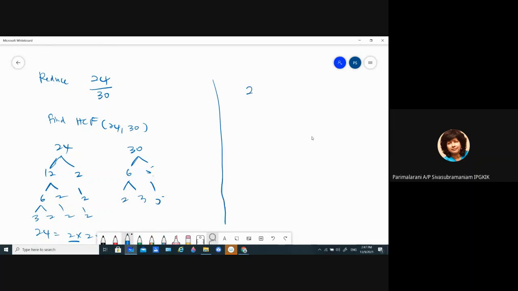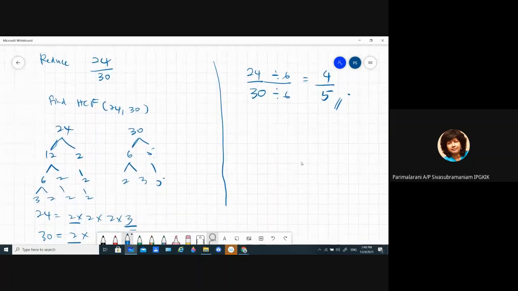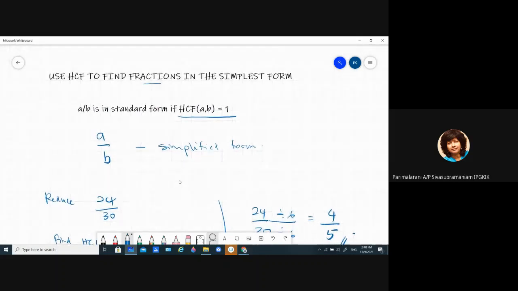So to reduce this, we just need to divide both numbers by 6. 24 divided by 6 is 4, and 30 divided by 6 is 5, so 4 over 5. So we can use HCF to reduce a fraction into its most simplified form, or to write fractions in the standard form. I'm not going to do any more examples because we have done this a lot in the last topic, in prime factorization.